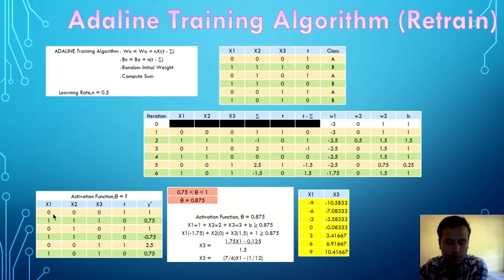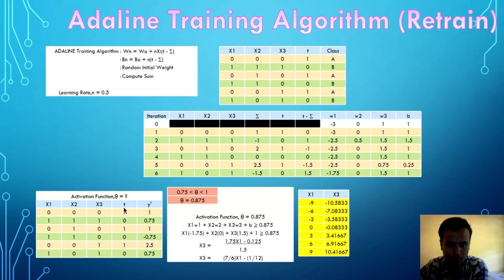Next, x1 1 multiplied with negative 1.75 plus x2 1 multiplied with 0 plus x3 1 multiplied with 1.5 plus 1 bias equal to 0.75.